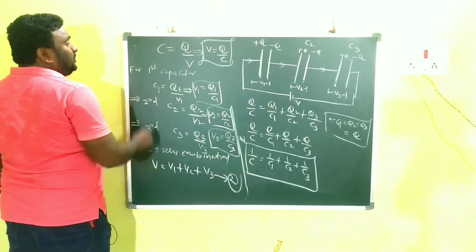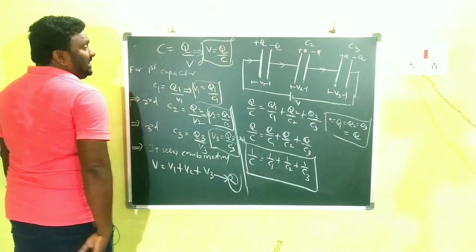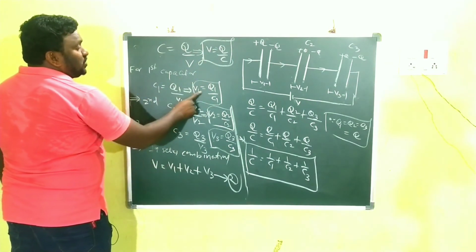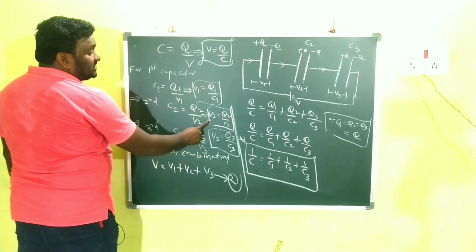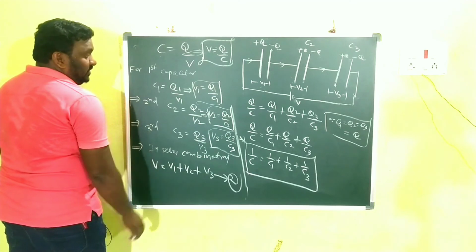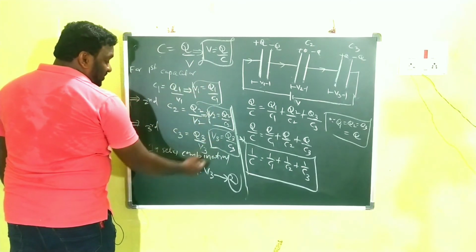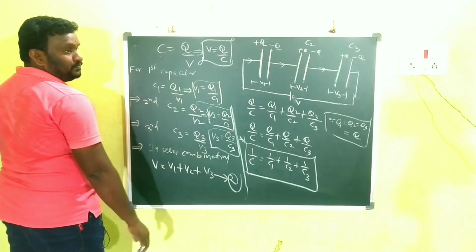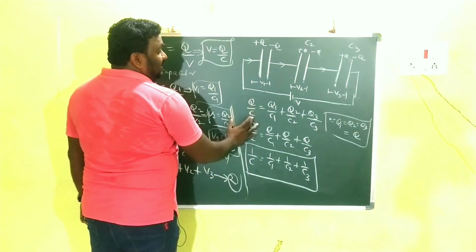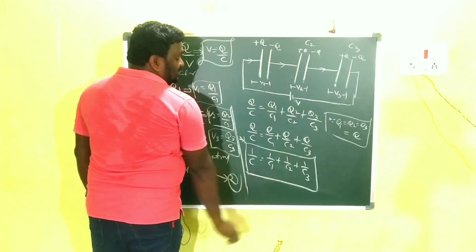From that, V is equal to Q by C. So we write V1 is equal to Q1 by C1, V2 is equal to Q2 by C2, and V3 is equal to Q3 by C3. Now we substitute the V1, V2, V3 values in equation number 2. After substituting, we get Q by C is equal to Q1 by C1 plus Q2 by C2 plus Q3 by C3.